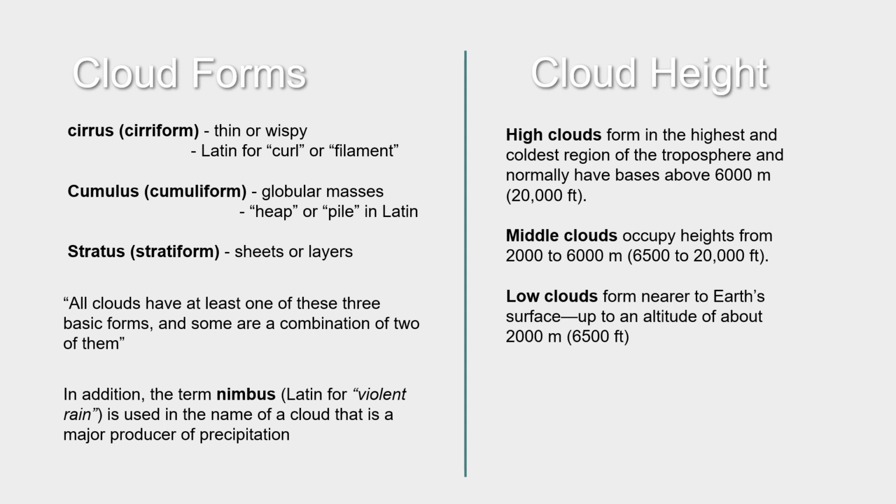And the third one is the low clouds. The low clouds form nearer to Earth's surface, up to an altitude of about 2,000 meters, so they get closer and closer to the surface of the Earth.